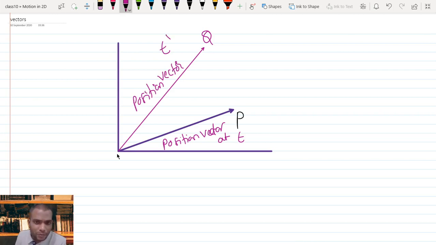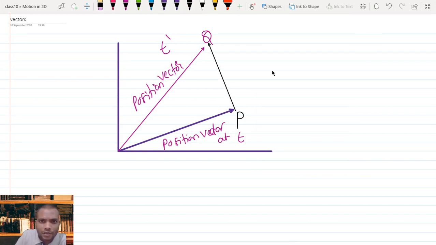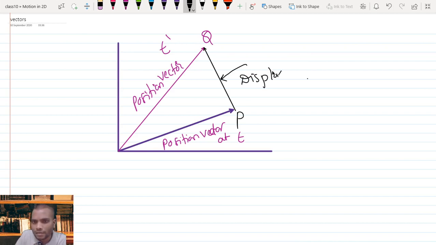So what is my displacement? Displacement is defined as the shortest distance between the initial and final position. If I draw a vector from here to there, this is the shortest distance which I walked. We can represent this as the displacement vector.